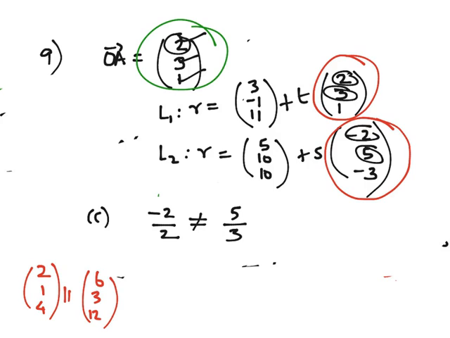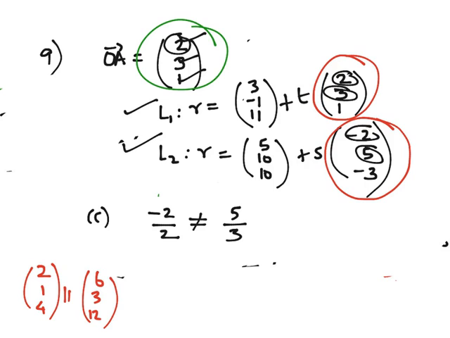So the final subdivision is: the lines L1 and L2 intersect at the point P. Find the position vector of P. So you need to find the point of intersection of this line and this line. I'm sure you know how to find the answer for this. So equate both the lines, get two equations in t and s, solve them, and then find the point of intersection.